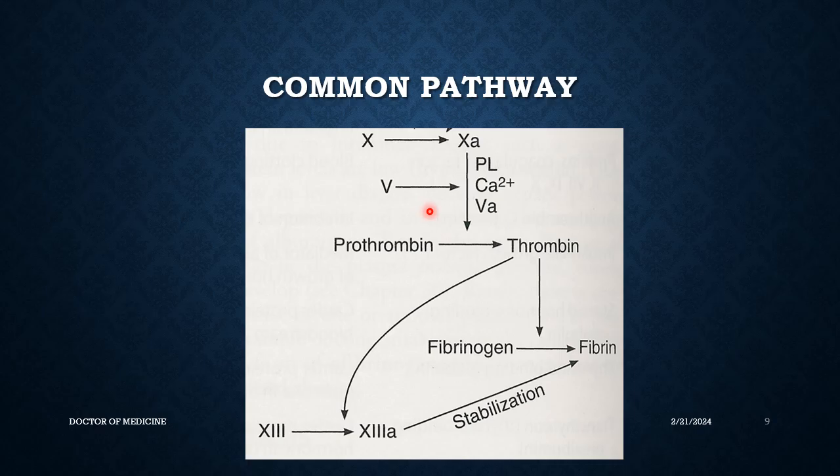So the positive feedback effect that is produced by thrombin is enough to produce sustained coagulation. All right, so the extrinsic pathway is simply there to provide an initial spark that will get things going.